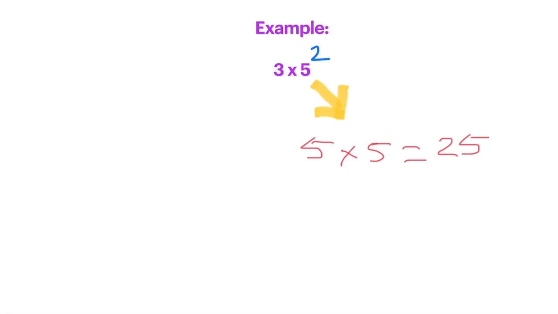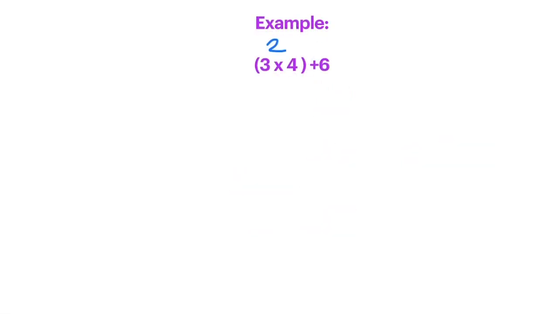Now the second step is 3 times 25 equals 75. So our final answer is 75.